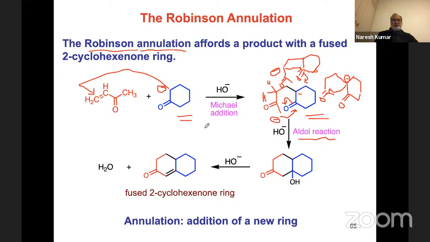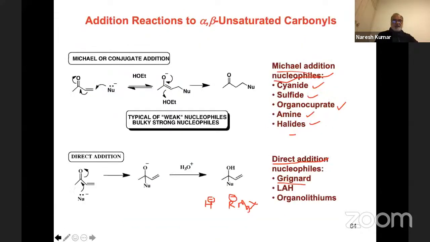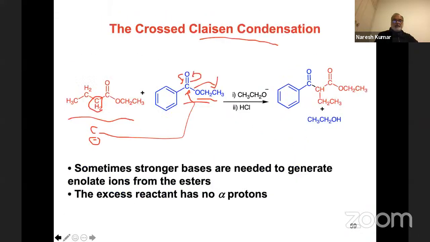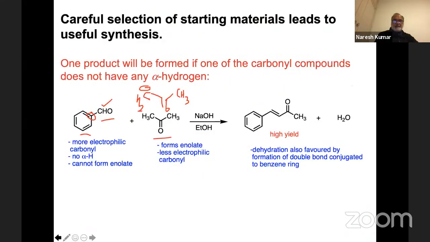So the question is, can the pH affect the formation of the product? Yes. As you can see here, I have base all over the place. And you may recall that in the earlier example, when we looked at the aldol condensation reaction, we learned that the dehydration can be carried out in acid or base.